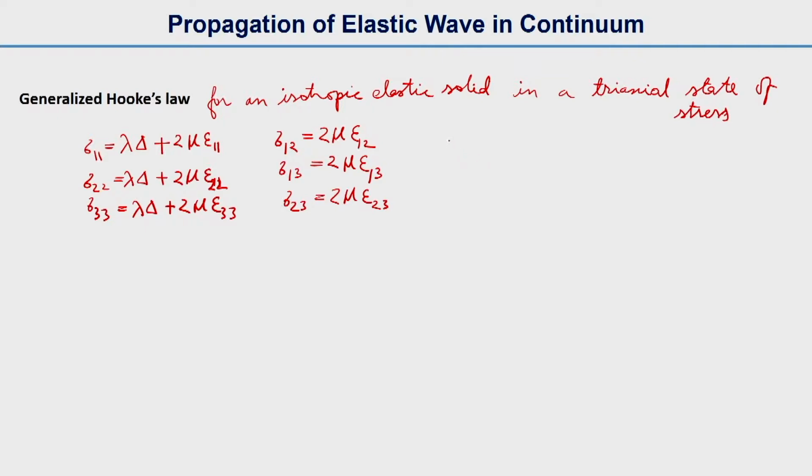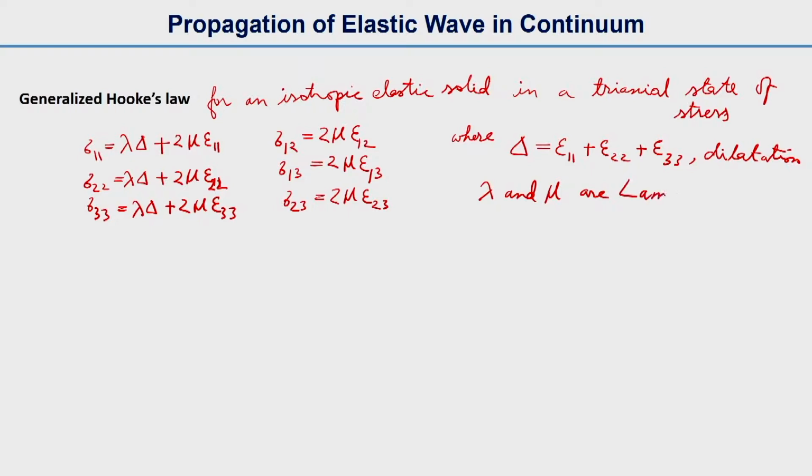So here the delta is nothing but epsilon 1 plus epsilon 2 plus epsilon 3 and it is called dilatation, and both lambda and mu are Lame's constants.